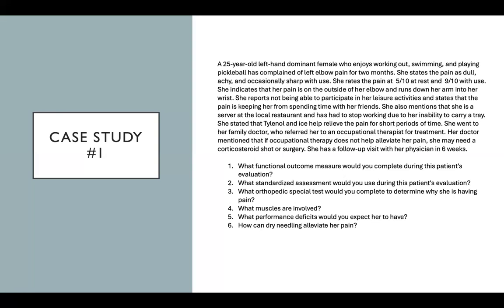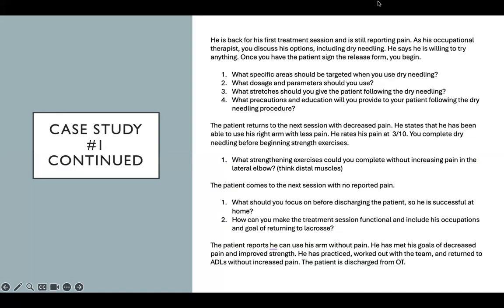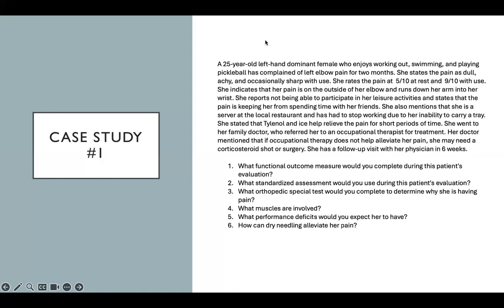What muscles are involved? We have the extensor carpi radialis brevis, the other extensors, the brachialis, and the brachioradialis.